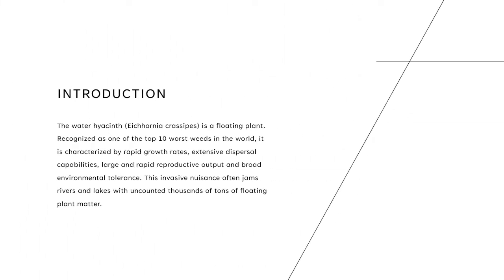Here we will talk about the introduction of our project. You may wonder, what is water hyacinth? A water hyacinth is a floating plant which is recognized as one of the world's 10 deadliest weeds, in the sense it has a rapid growth characteristic and can spread very quickly within the water, due to which it can cover a lot of surface area of the water very quickly.